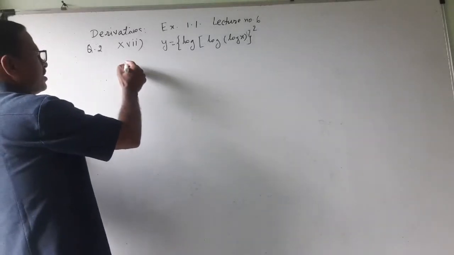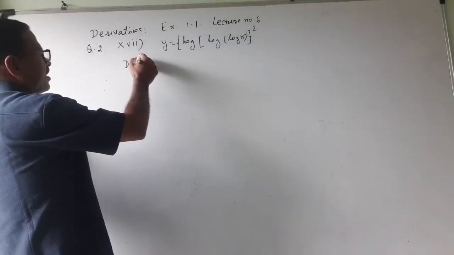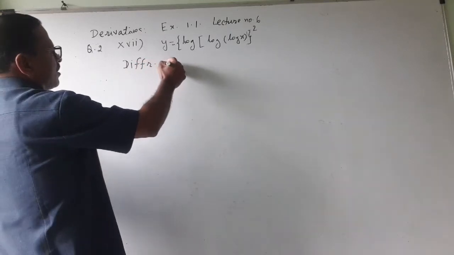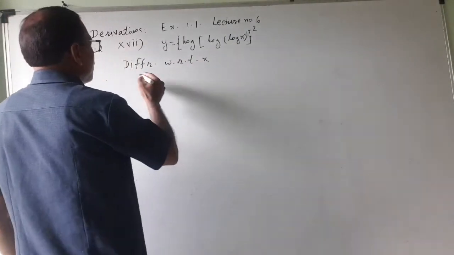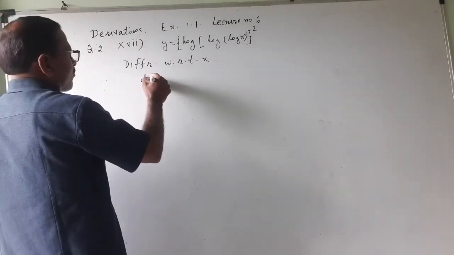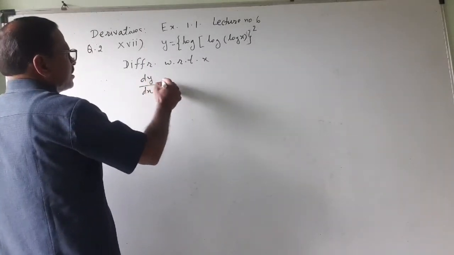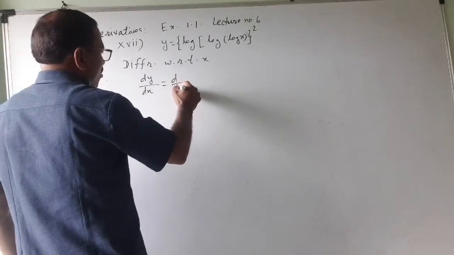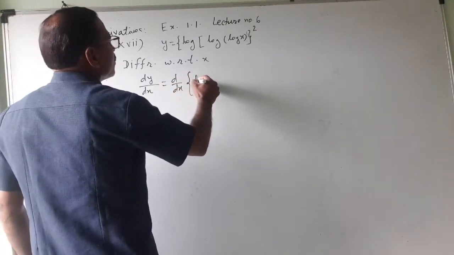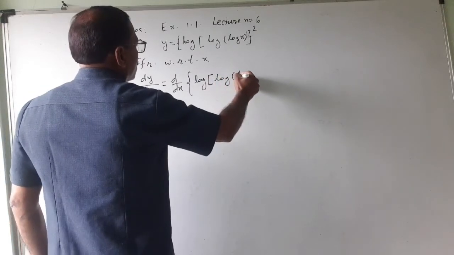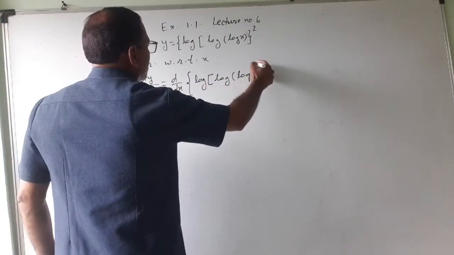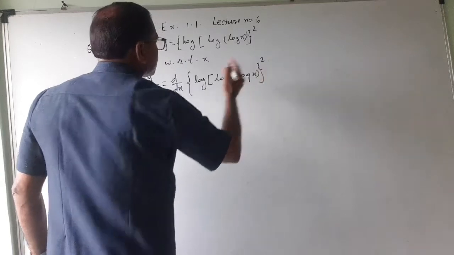Now for this we have to write: differentiating with respect to x. Derivative of y, dy by dx, is equal to d by dx of (log of log x) raised to 2.